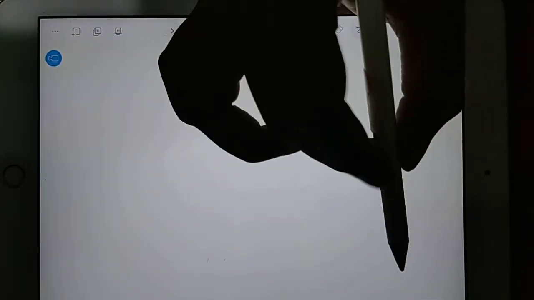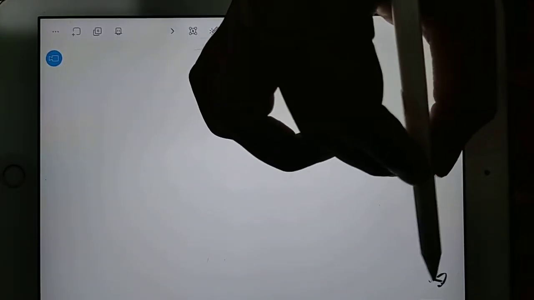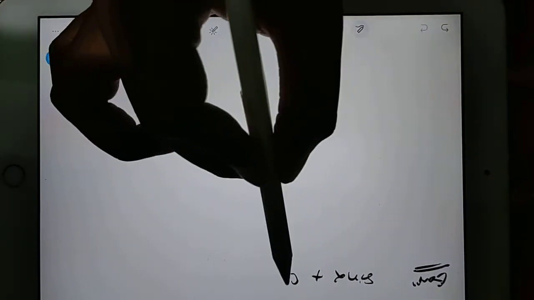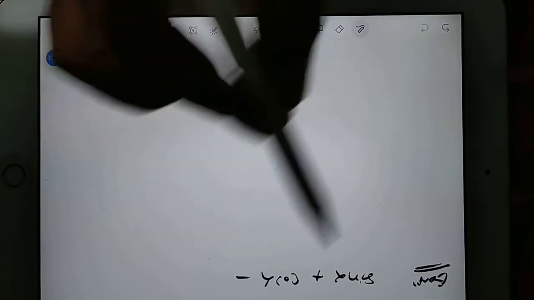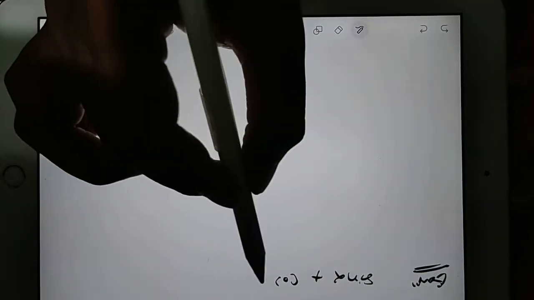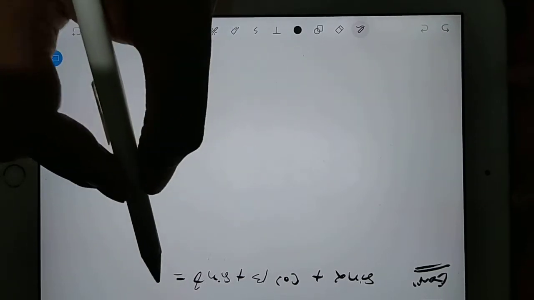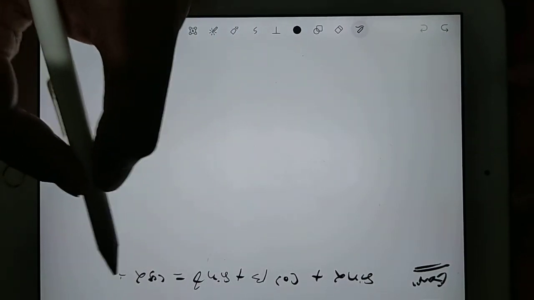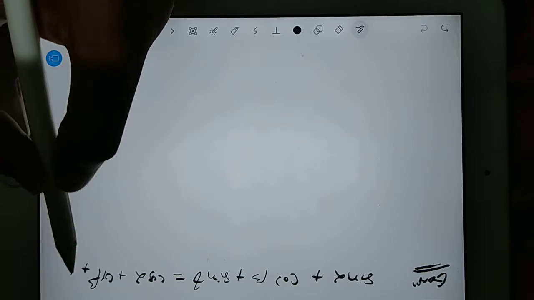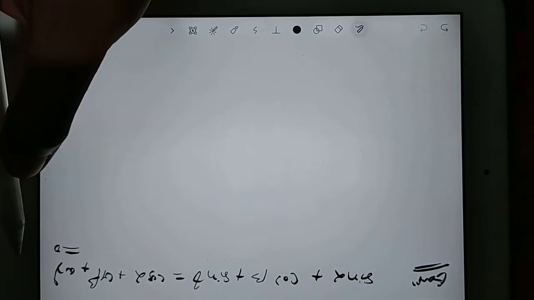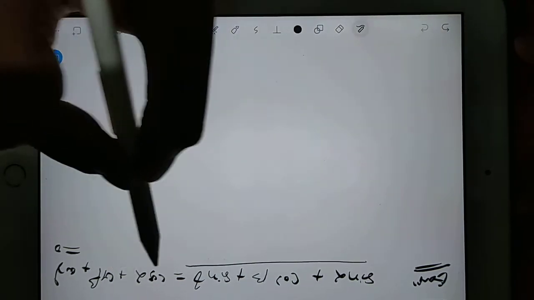Suppose I am asking one question here. Example: sin alpha plus sin beta plus sin gamma is given as 0, and cos alpha plus cos beta plus cos gamma is also 0. Means this part is 0, this part is also 0.